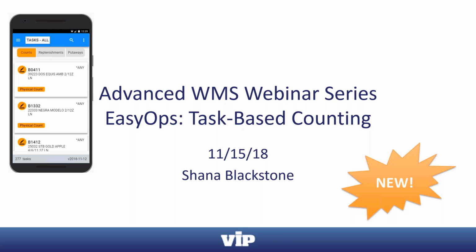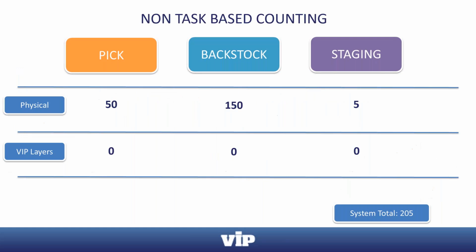Before I get started, I thought I would take some time to explain the difference between non-task counting and task-based counting. For those of you not using LBI, you are performing non-task-based counting. You have product in various locations physically in your warehouse and a system total.